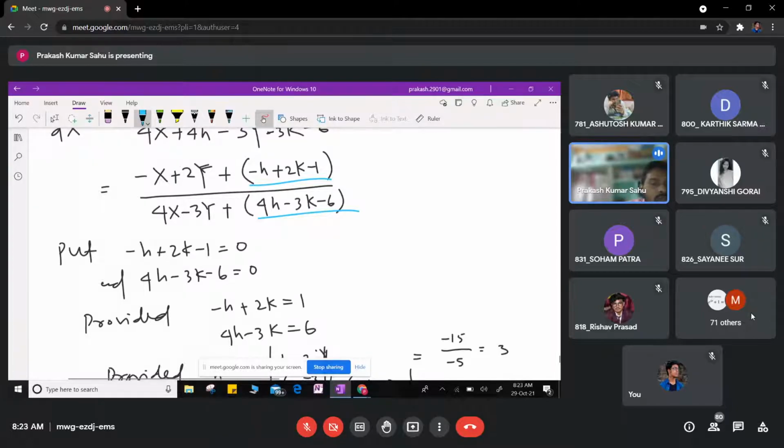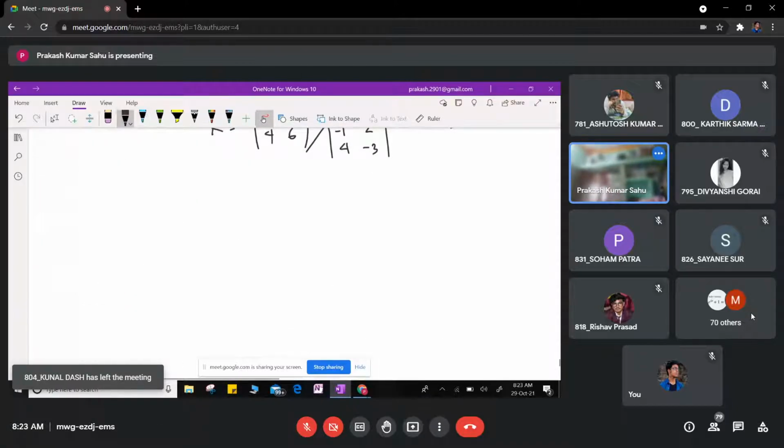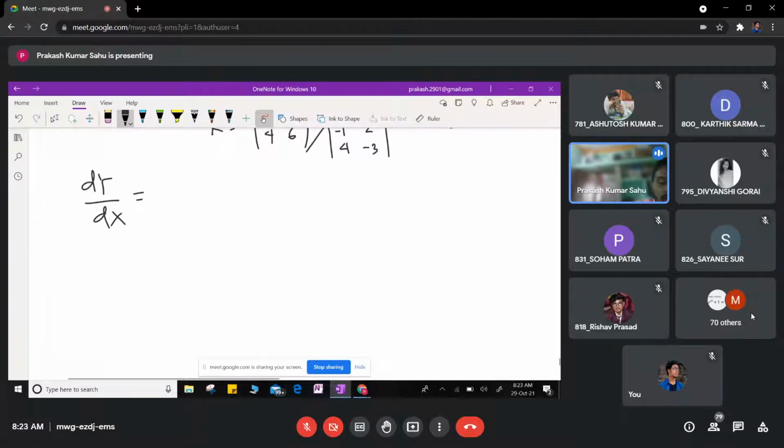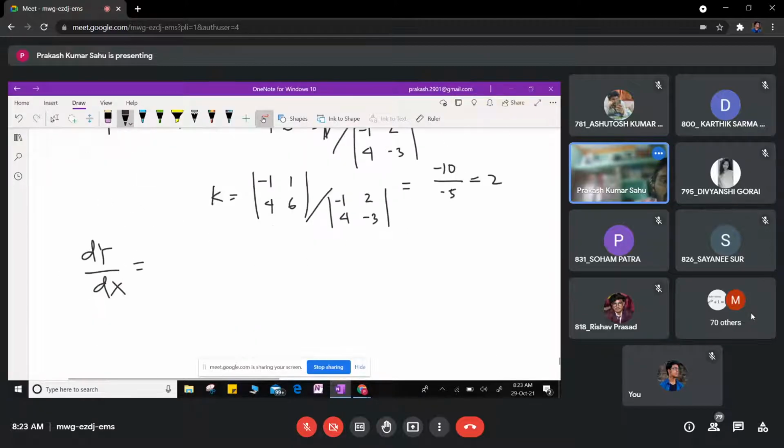So now if these two terms are 0, because we substituted, then the differential equation has the form that is dY by dX is equal to, how much? This is minus X plus 2Y divided by 4X minus 3Y.